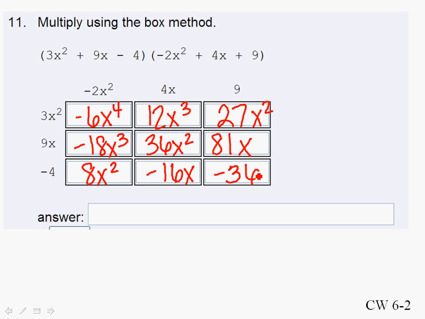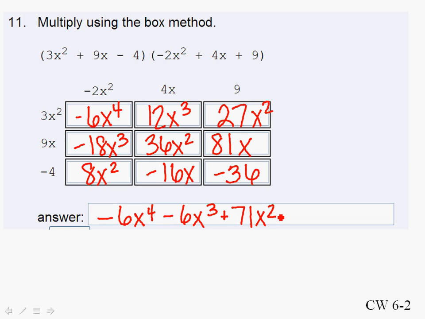Combining all of our like terms, we end up with negative 6x to the fourth, then negative 18x cubed and 12x cubed leaves us with negative 6x cubed, 8x squared, 36x squared, and 27x squared gives us 71x squared.